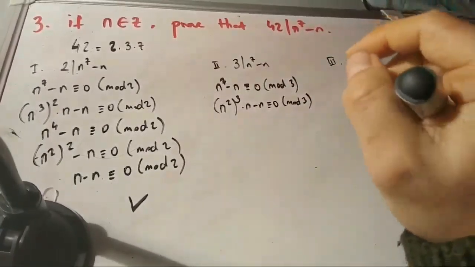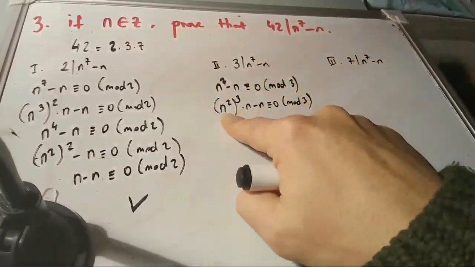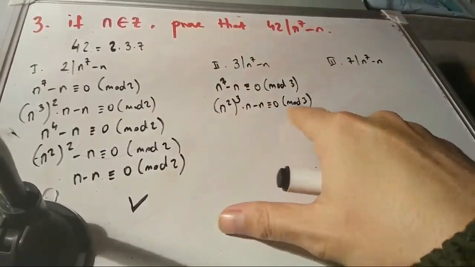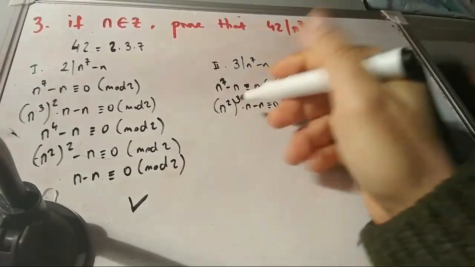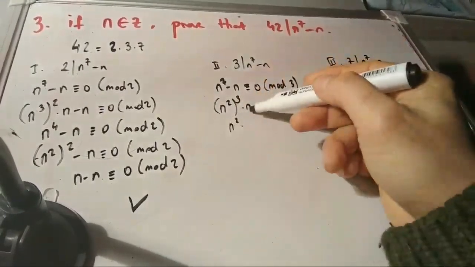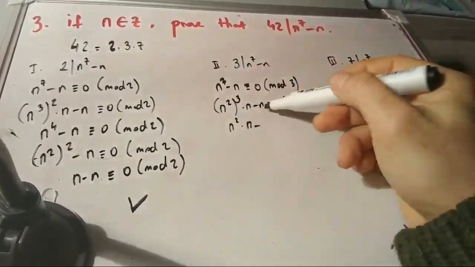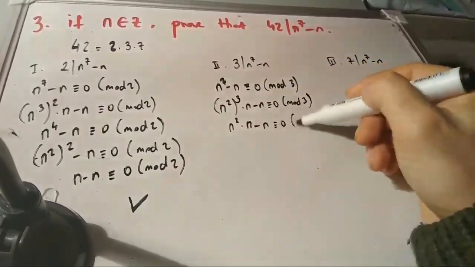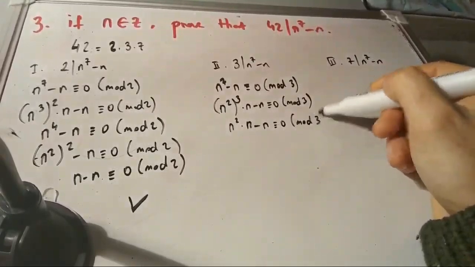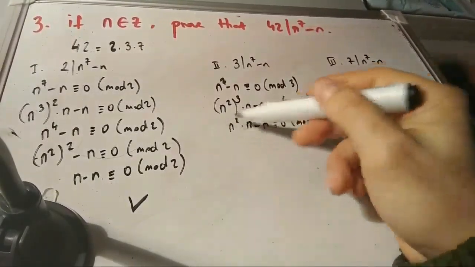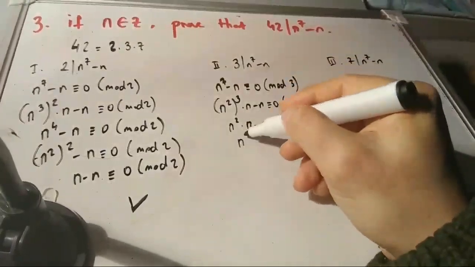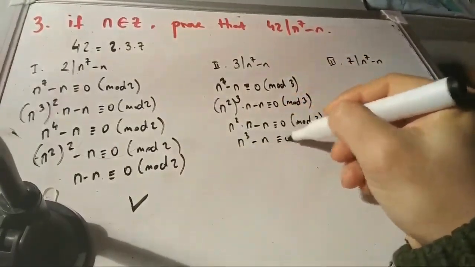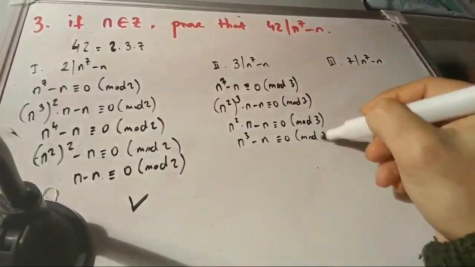It's the same. n squared to the power of 3 divided by 3. What is the remainder? n squared, right? n squared times n minus n is congruent to 0. So n cubed minus n is congruent to 0 in mod 3.